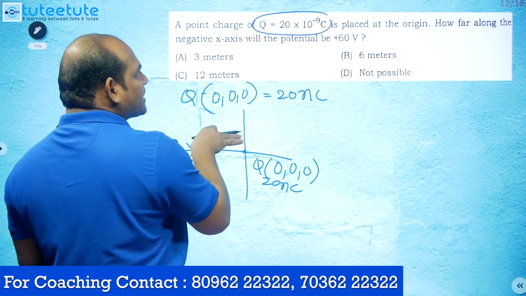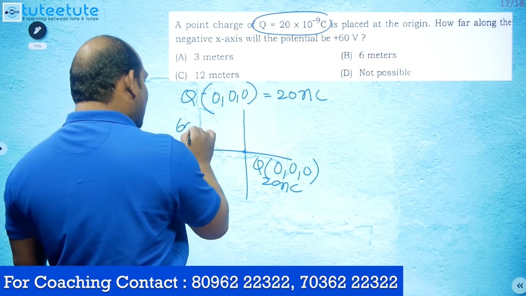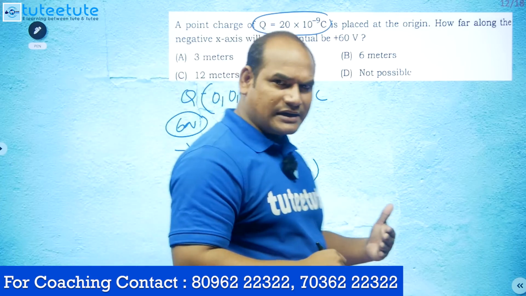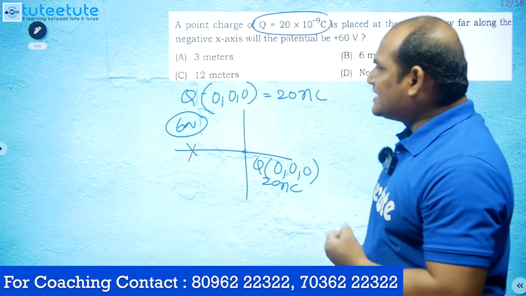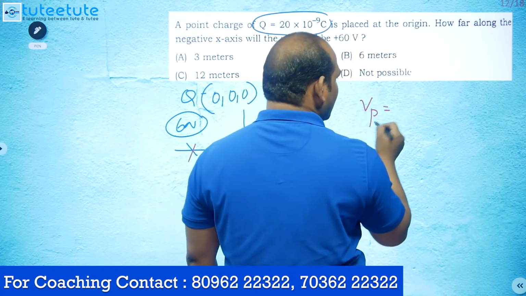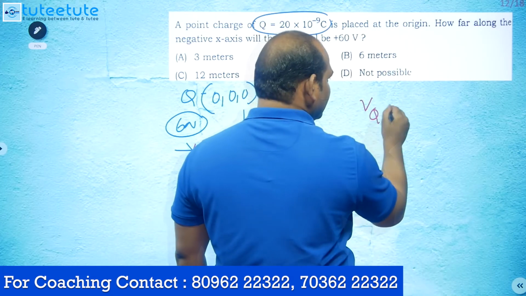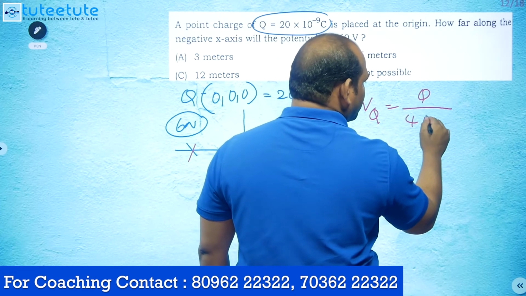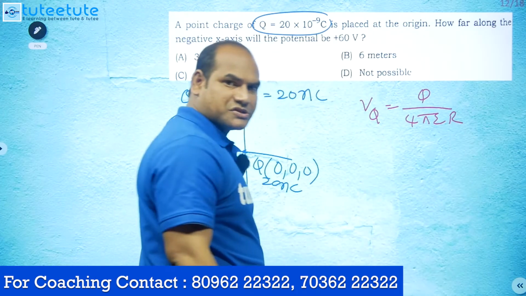How far on the negative x-axis will the potential be 60 volts? They have given the potential value, we just have to calculate the distance. So due to the point charge, the potential is equal to Q by 4 pi epsilon R. This is the equation.